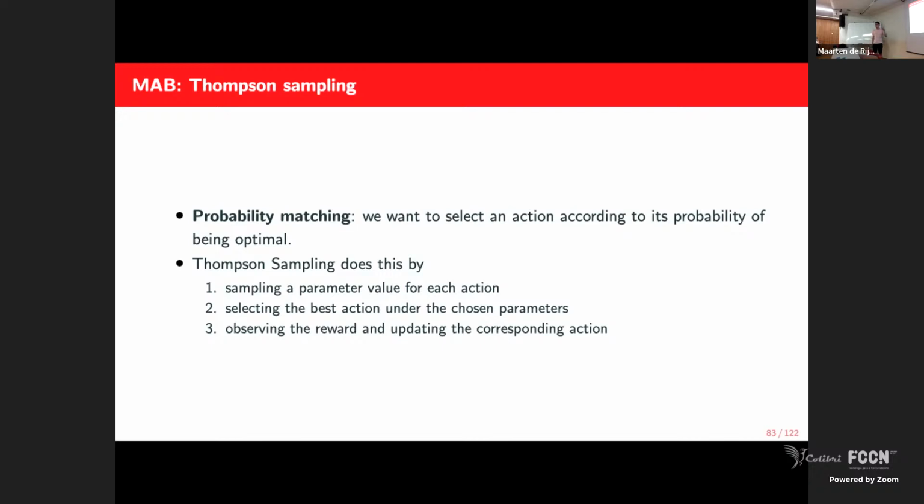First, for each of the actions, you will sample a set of parameters from your prior. Then you will select the action with the best expected reward according to this set of sampled parameters. And then you observe the feedback from the user and you update it using Bayes' law.